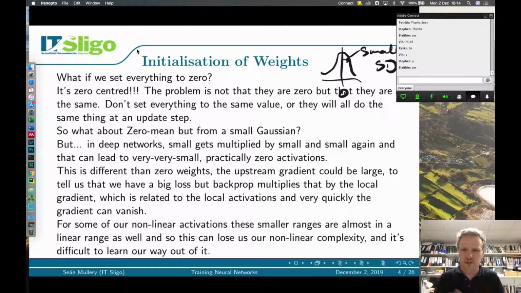That's not such an issue, except for the fact that you get an awful lot of almost 0 activations. So this is different from 0 weights. The upstream gradient could be large to tell us that we have a big loss, but backprop multiplies that by the local gradient, and because the local activations are small, you're generally going to have a small local gradient in that case, or it can start to vanish.